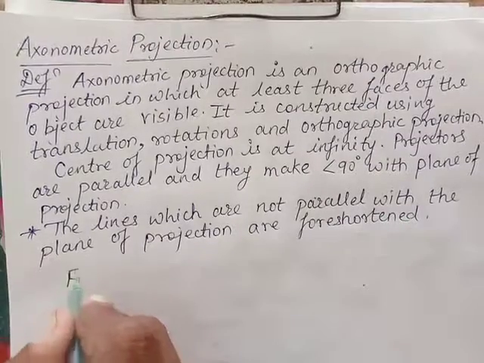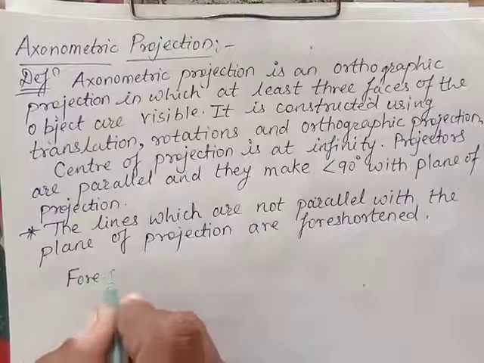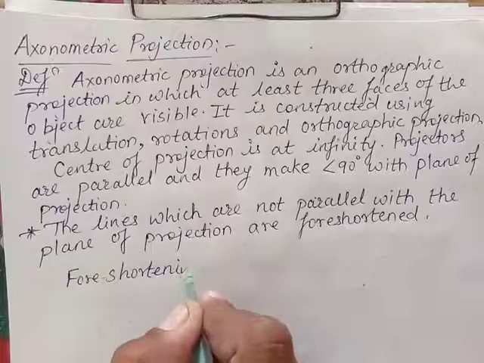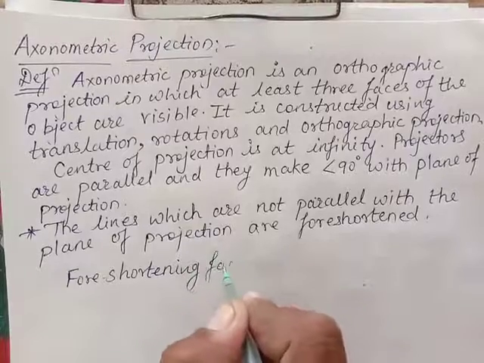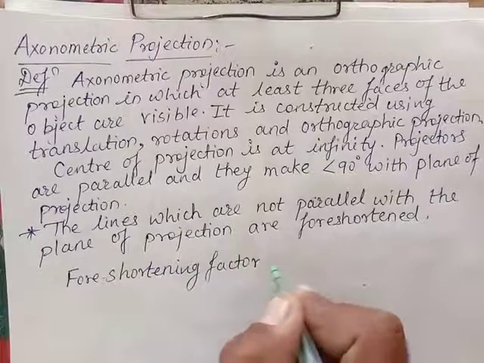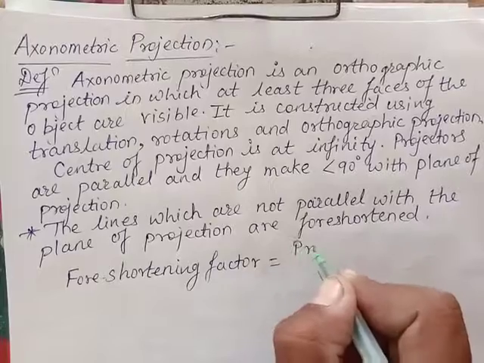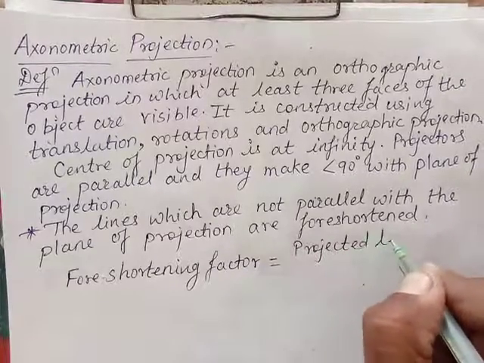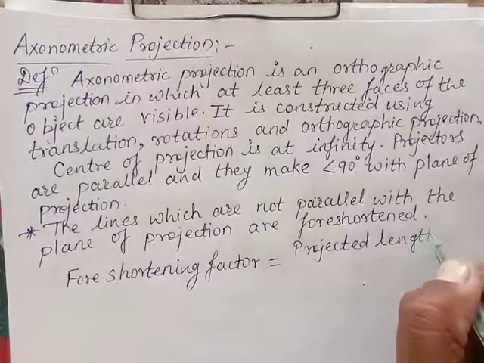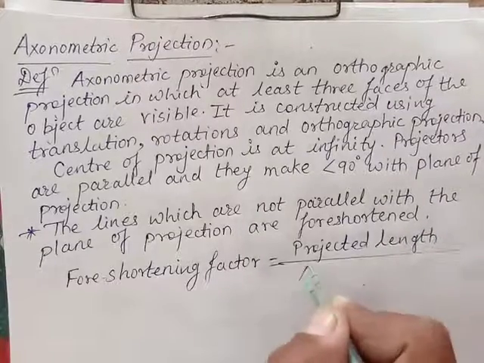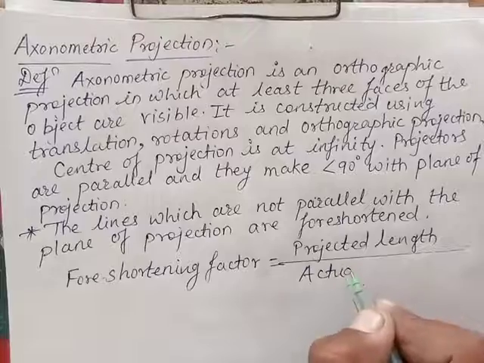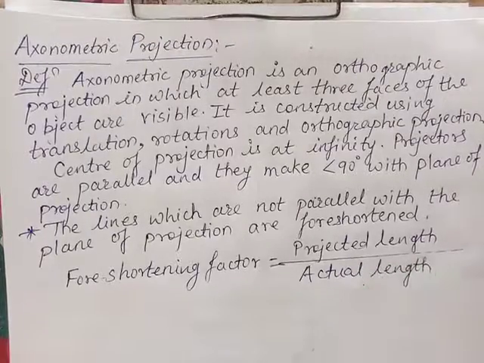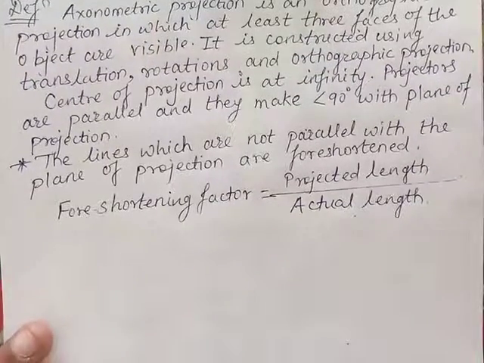And what is that foreshortening factor? Projected length upon actual length is the foreshortening factor here.